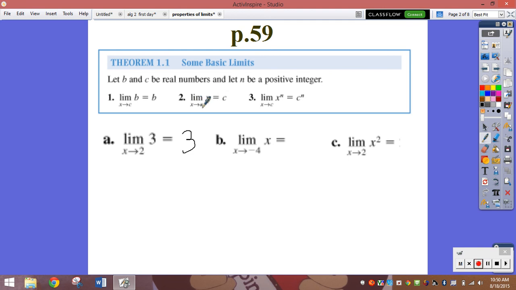So we would just plug the c value in for x, and that would be what our limit would be equal to. And then C, the limit as x approaches 2 of x squared would be like number 3, where we would replace the x with the c value. That would be 2, and it would be 2 squared, which would equal 4. So those are some basic limits, some basic properties.